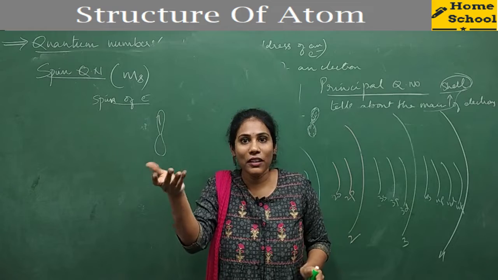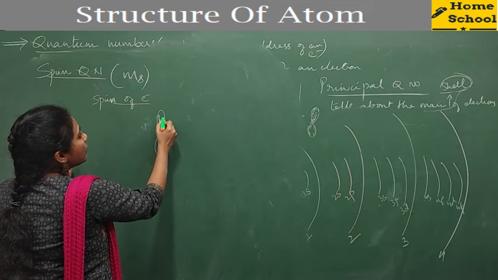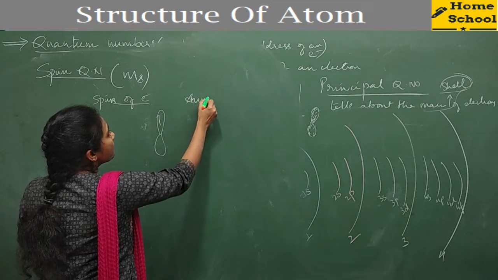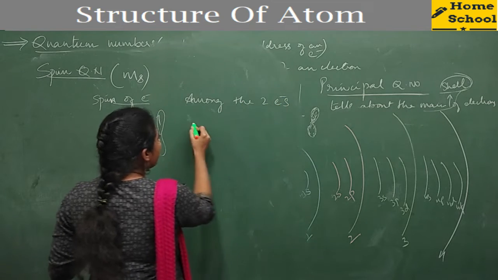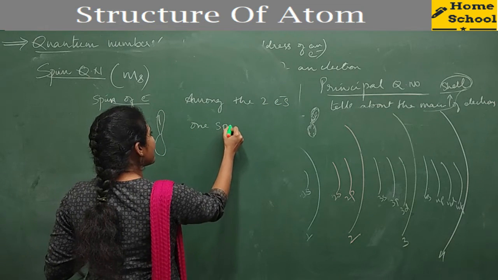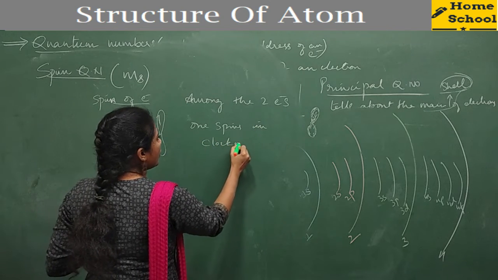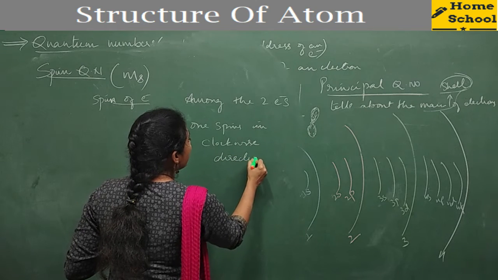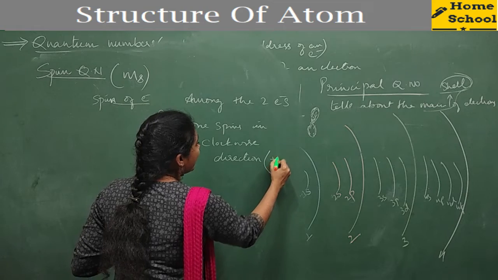Okay, so among the two electrons, one spins in a clockwise direction, and that spin is indicated by the digit plus half.